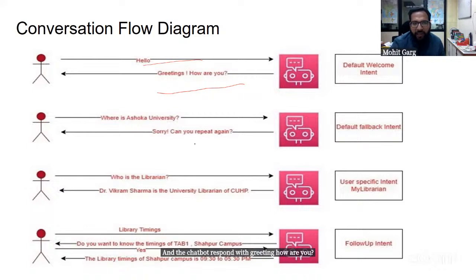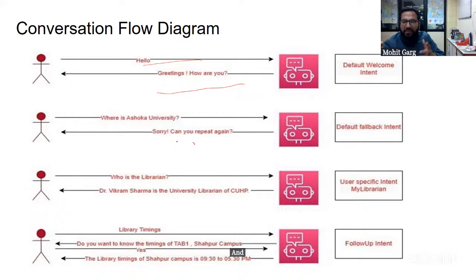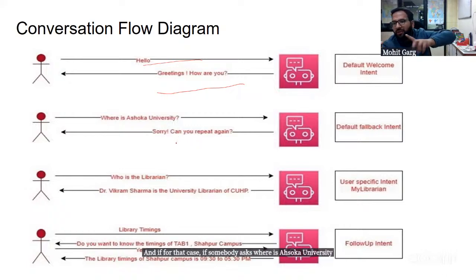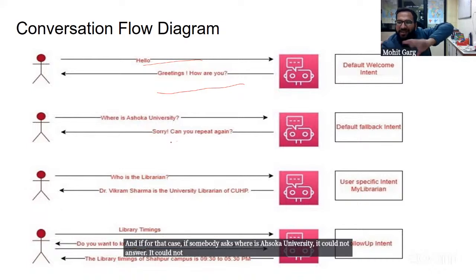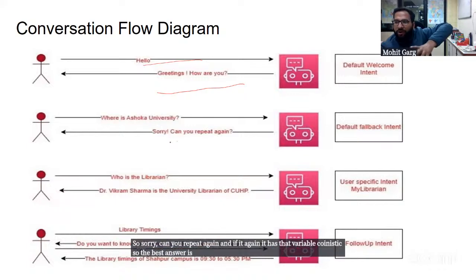And because this chatbot was mainly intended for the Central Institute of Himachal Pradesh, if somebody asked where is Ashoka University, it could not answer, because it could not understand it. Okay, so, sorry, can you repeat again? And if it again asks where is Ashoka University, the best answer is: sorry, I couldn't understand. You may contact the librarian for further queries.